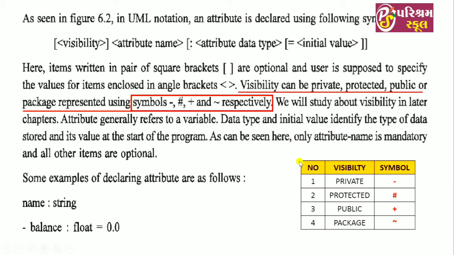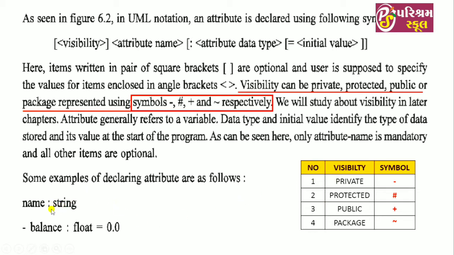At the bottom I mentioned the visibility in a box, and on the opposite side the symbols. Private visibility symbol is dash, protected visibility symbol is hash, public visibility symbol is plus, package visibility symbol is tilde. So these are the visibilities and their symbols.